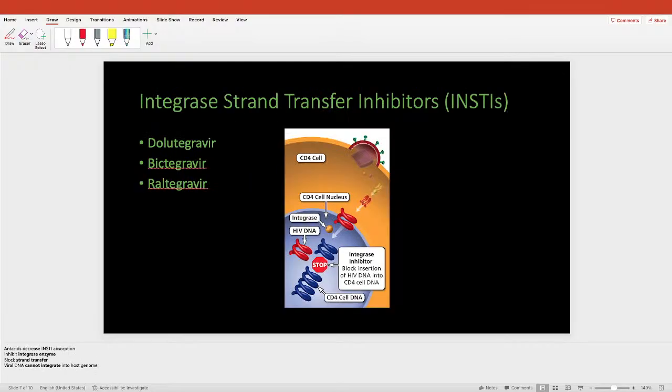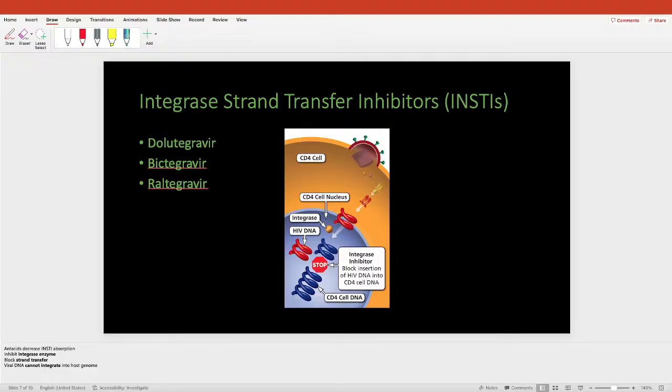Then the next one here is the integrase strand transfer inhibitors. Integration, you're integrating something. You're going to block the integration of that HIV DNA into the CD4 cell DNA. So reverse transcriptase reverse transcribes RNA to a DNA, became viral DNA.